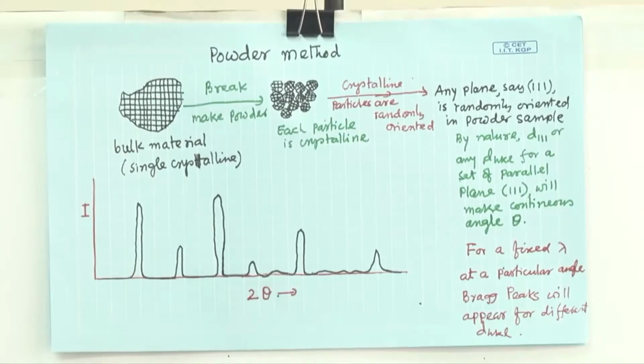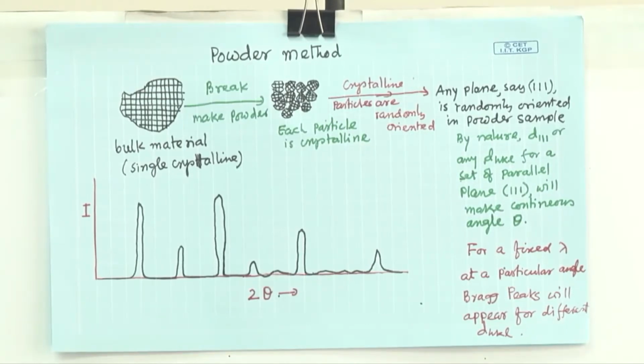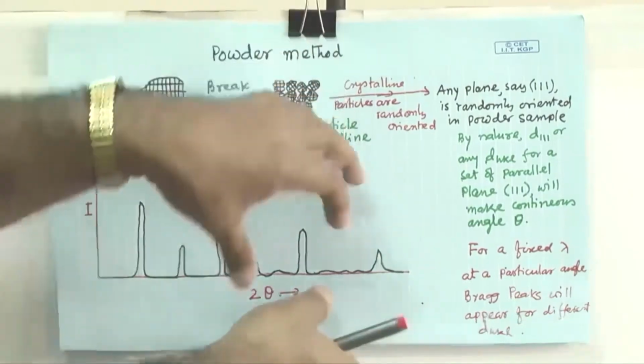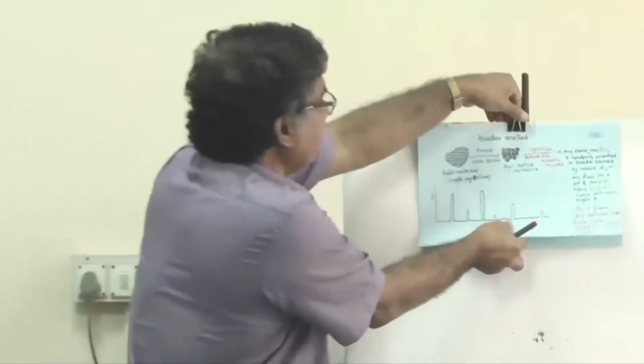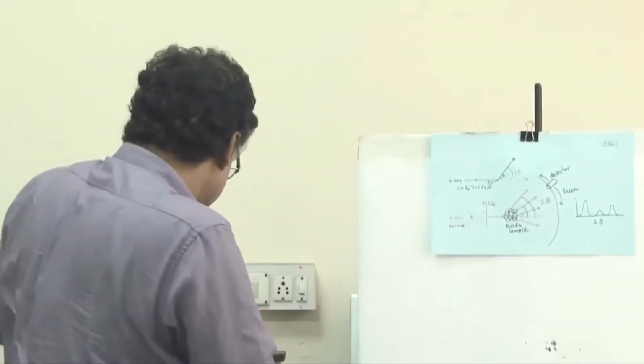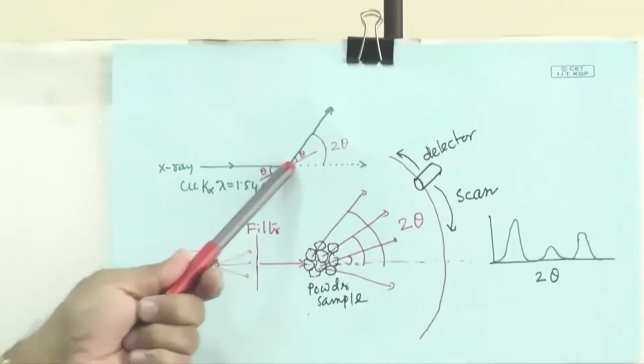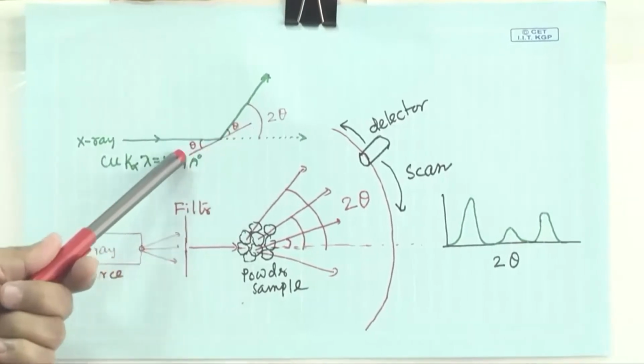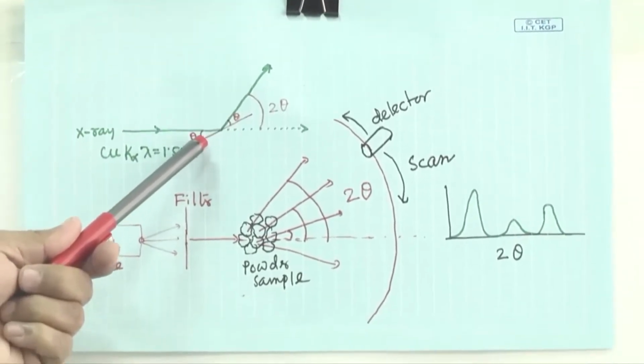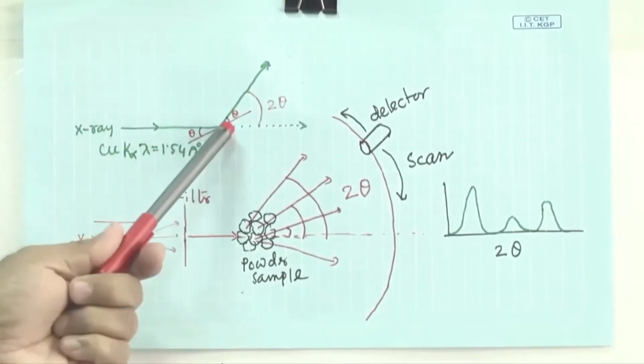Here I have written 2 theta. One can write theta also, but in the powder method we generally prefer 2 theta, because I will tell in the next transparency why we say 2 theta. So, here you can see you have a sample. I have just drawn a plane in that sample. So, X-ray is falling on it.